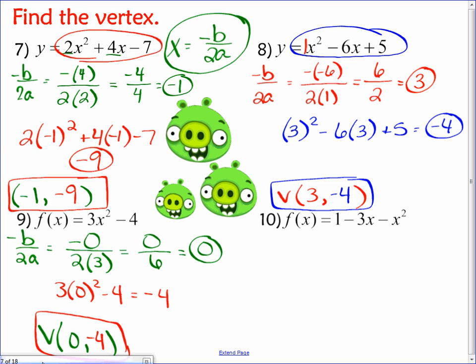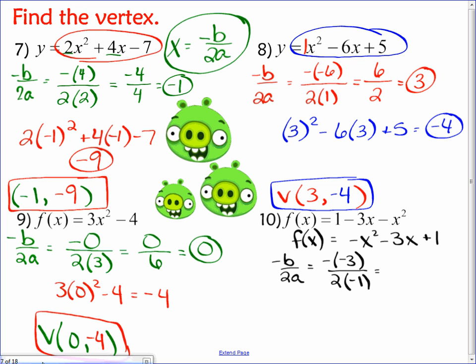All right, number 10. Notice it's in the wrong order, so it should have been written as -x squared minus 3x plus 1. So we have to do our -b over 2a. So negative, my b value is -3, divided by 2 times a, which is -1.